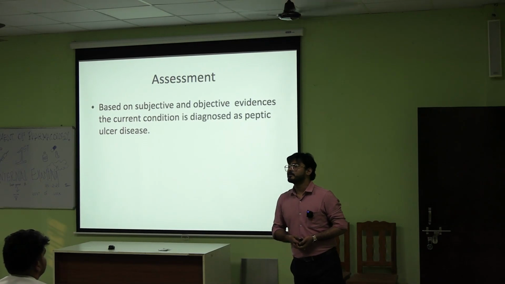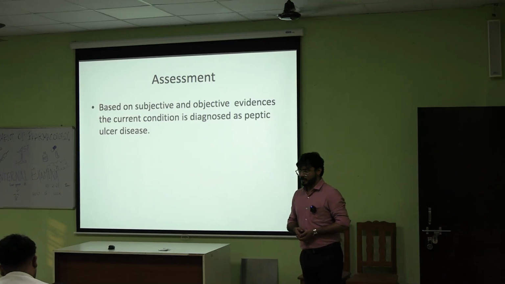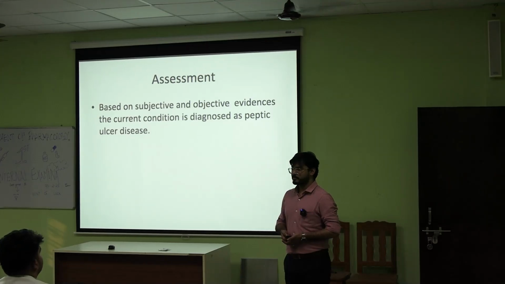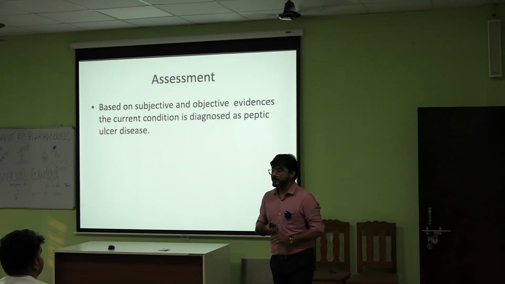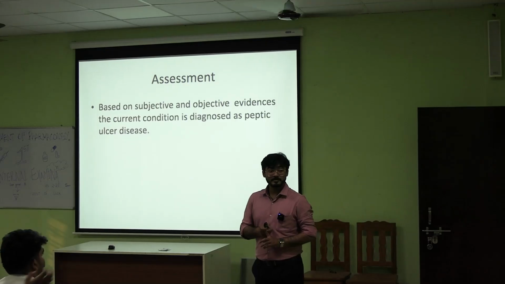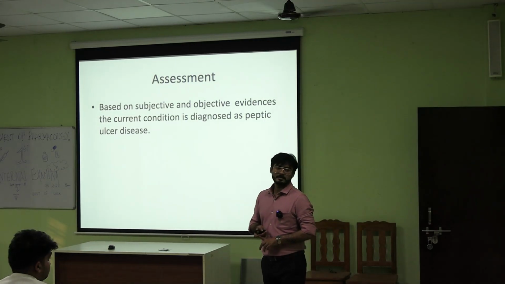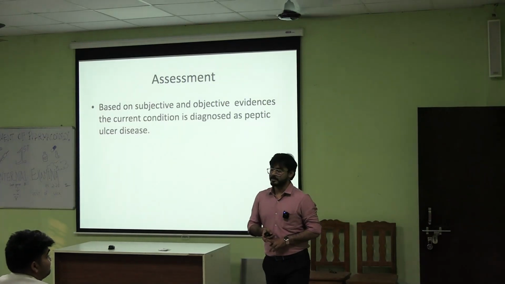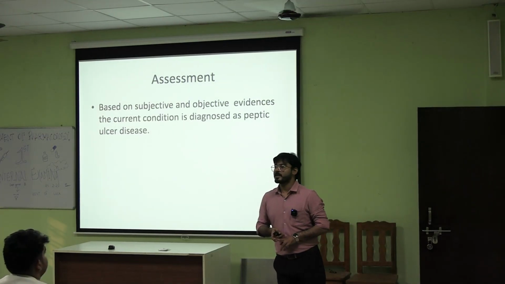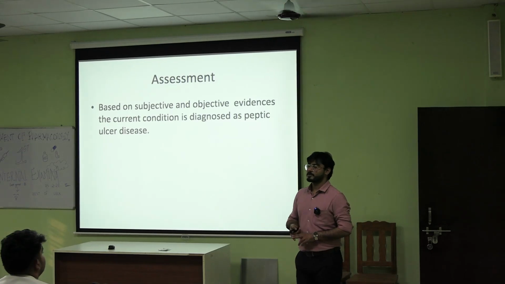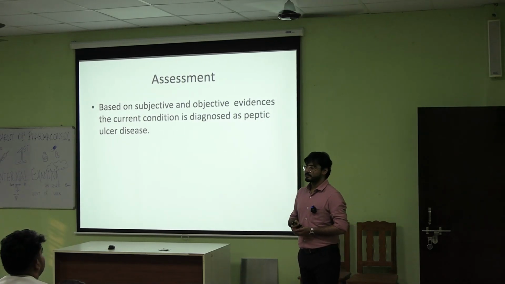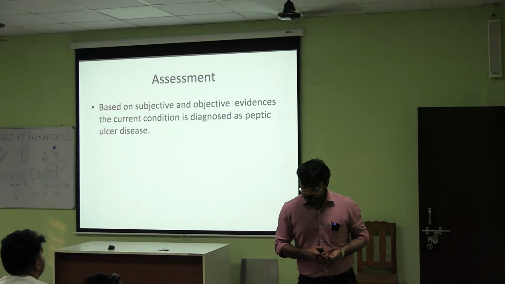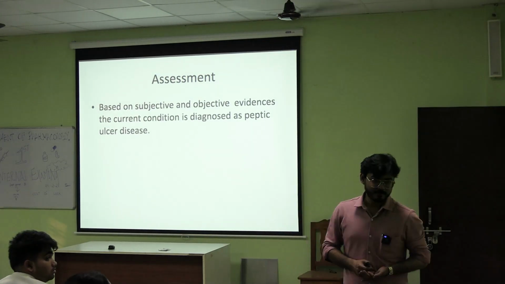So I think you have done in your patho how peptic ulcer occurs. H. pylori, and due to NSAIDs. So what does H. pylori do to your stomach or duodenum? Increase the production of HCl. How?